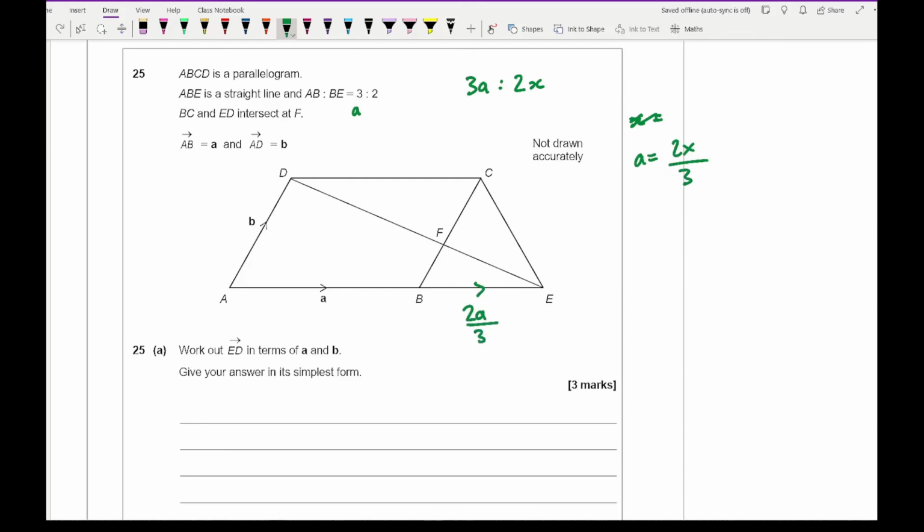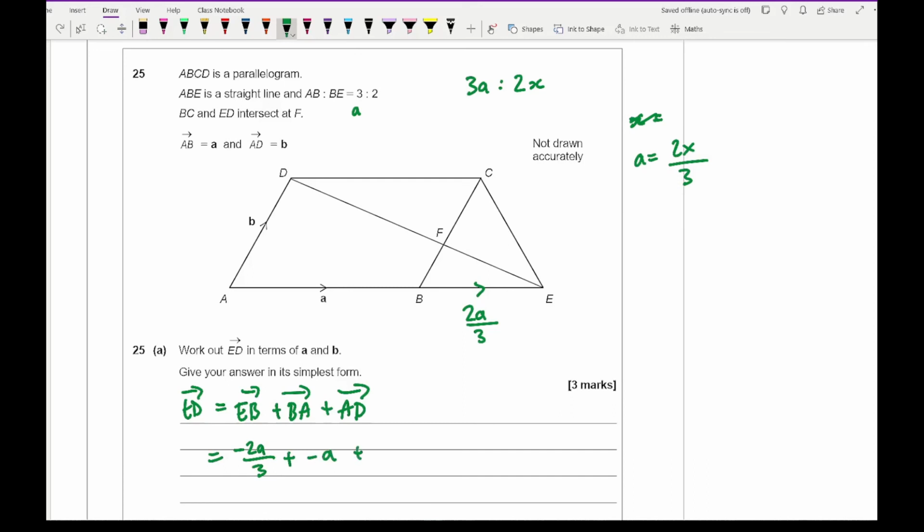Now from this, to work out what ED is, I can get from E to D by going from E to B, and then B to A, and then A to D. So writing those out, EB is minus 2a over 3. BA is going to be minus a.